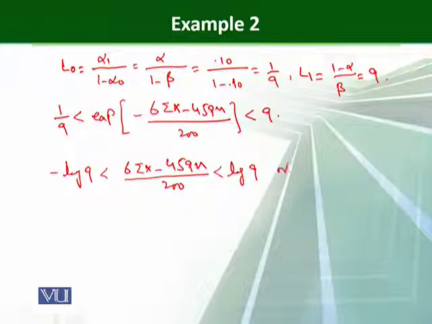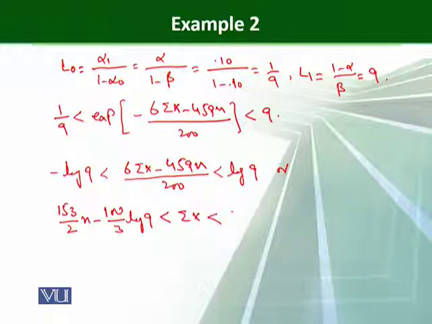Solving this for sum x, we get 153 over 2 into n minus 100 over 3 log of 9 less than sum x less than 153 over 2 n plus 100 over 3 log of 9.